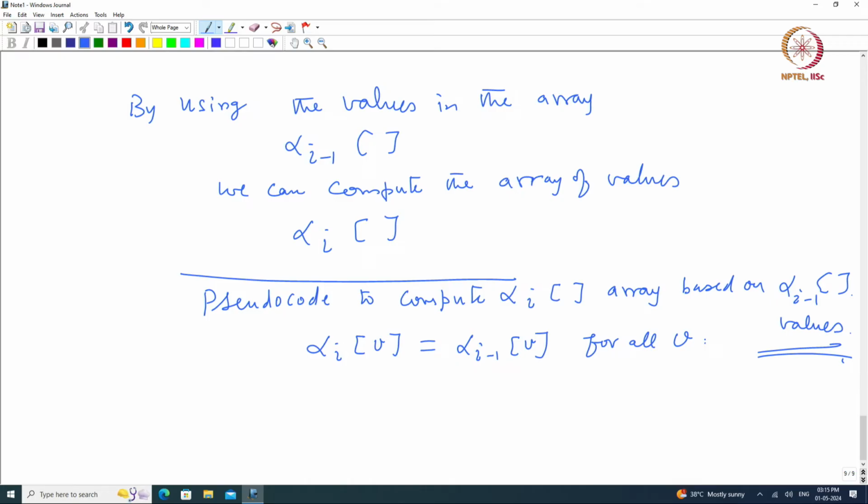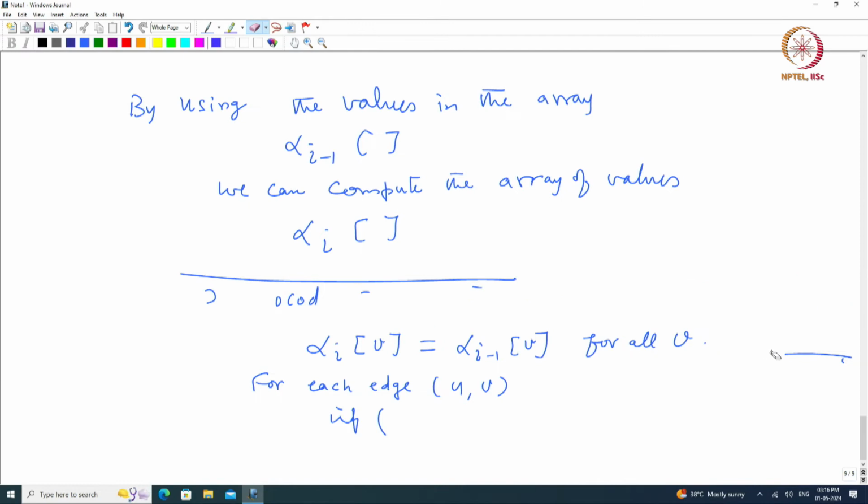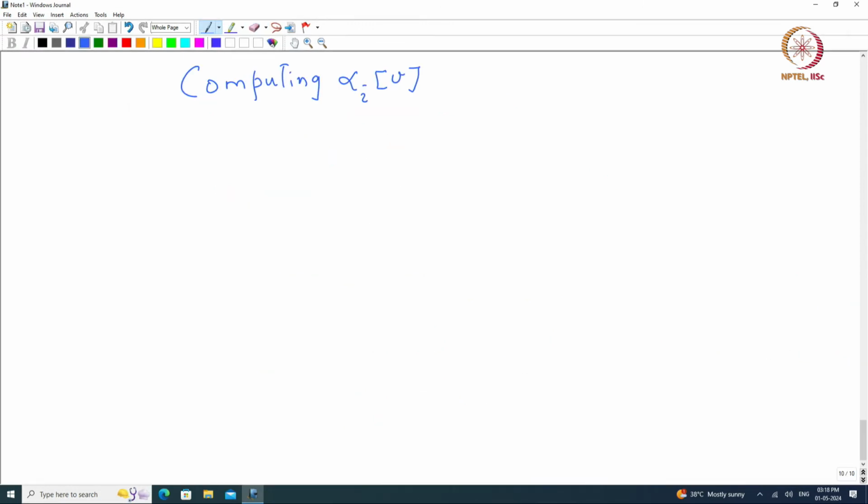First copy the array value alpha i minus 1 v to alpha i v. Then for each edge uv, do it in the next page. So, I will cut this. Computing alpha i v values by using alpha i minus 1 array values.